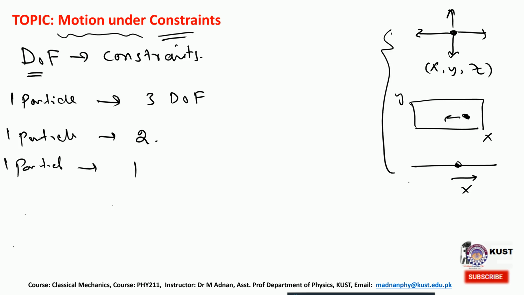Now, so we can see that when constraints are introduced, the degrees of freedom reduce.